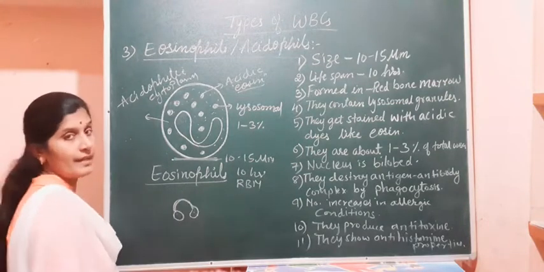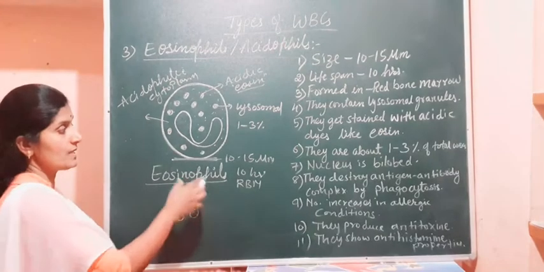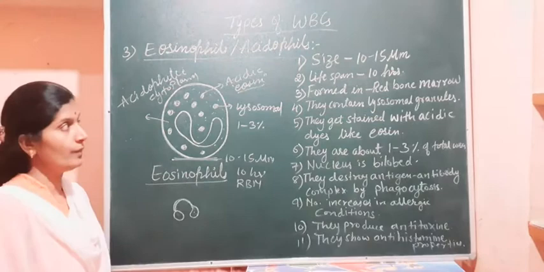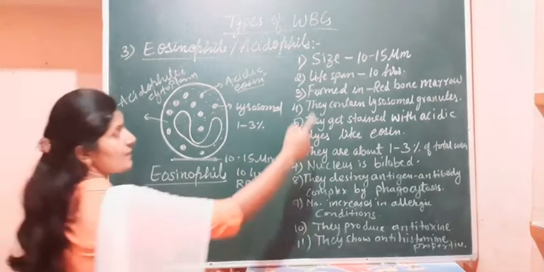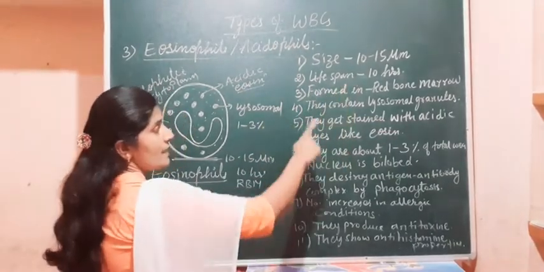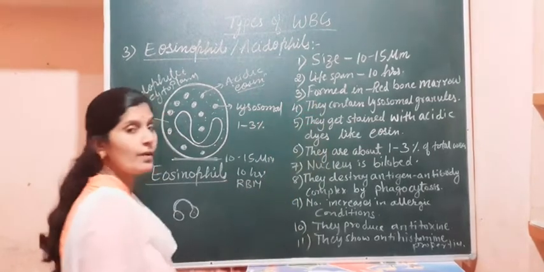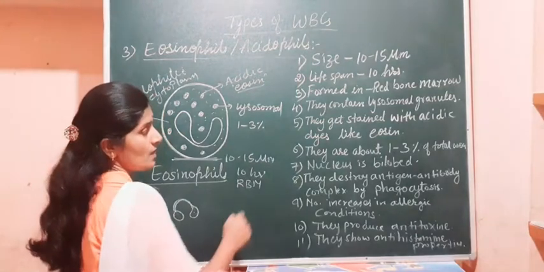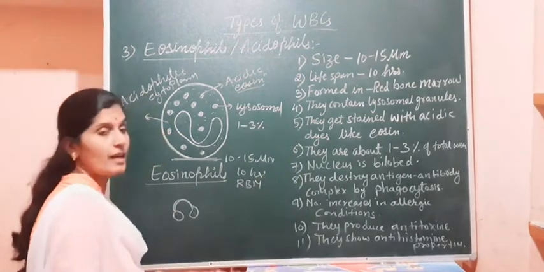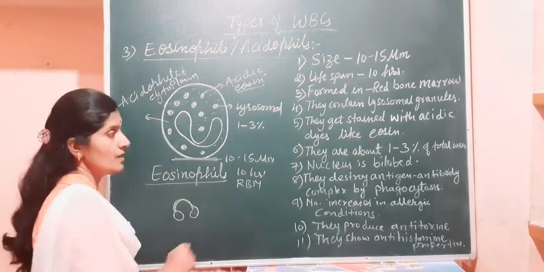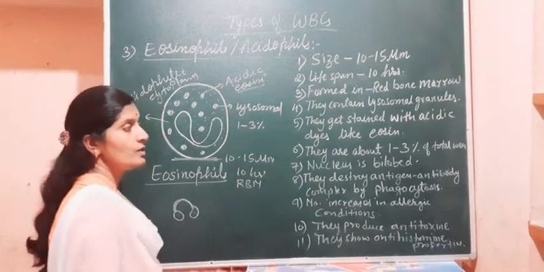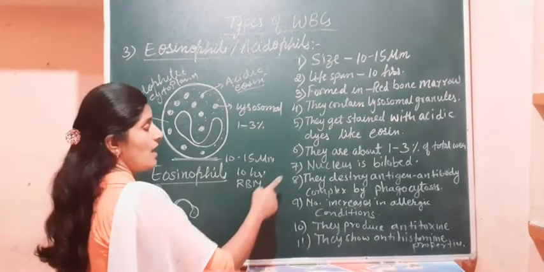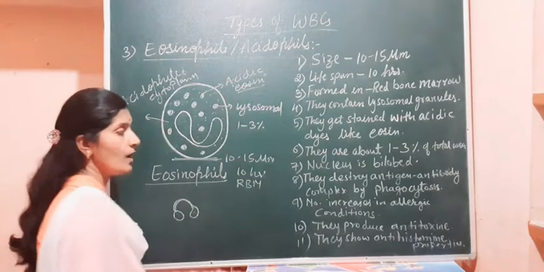So let's review eosinophils. The size of eosinophils is 10 to 15 micrometer, and the lifespan is only 10 hours. They are formed in the red bone marrow, contain lysosomal granules, and get stained with acidic dyes like eosin. They are about 1 to 3% of the total WBCs, and the nucleus of these cells is bilobed.